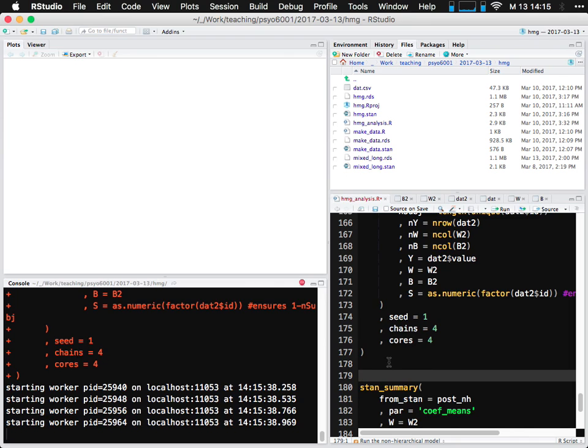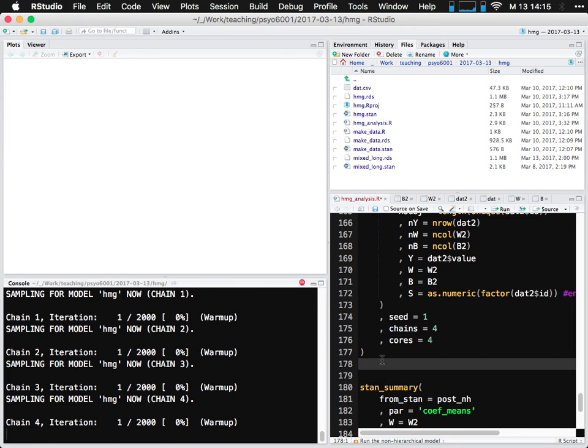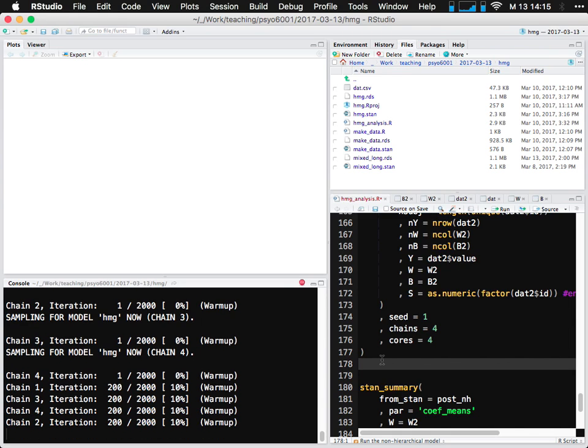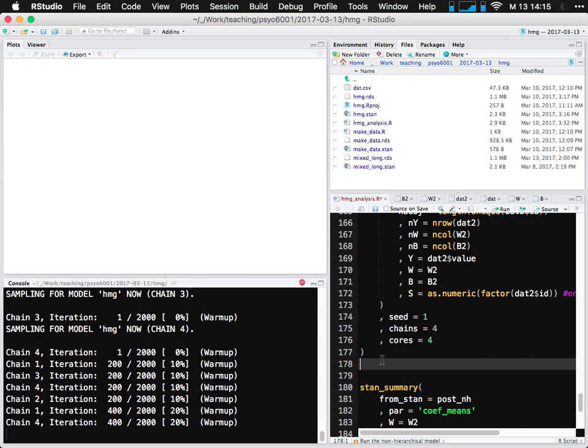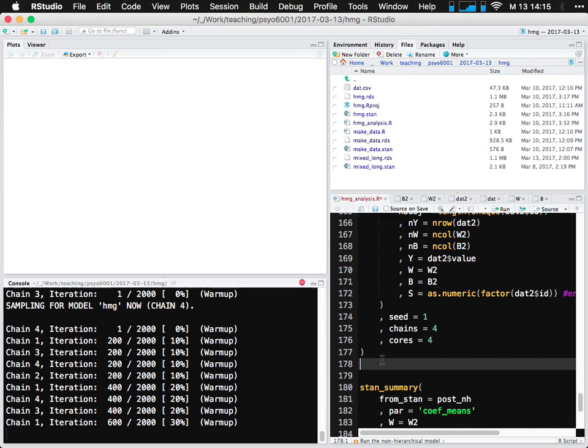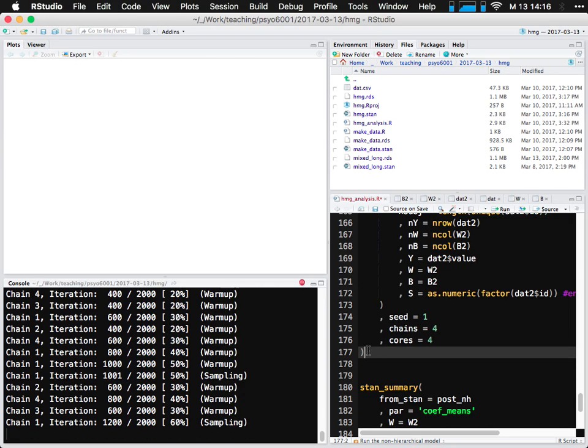In theory, if we were doing something like a maximum likelihood approach to this model, which would be a non-Bayesian frequentist type thing, you wouldn't be able to get an estimate for noise for a given person because there's only one observation per condition per person.